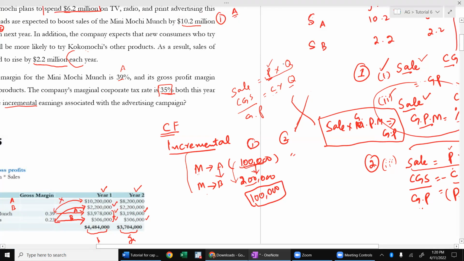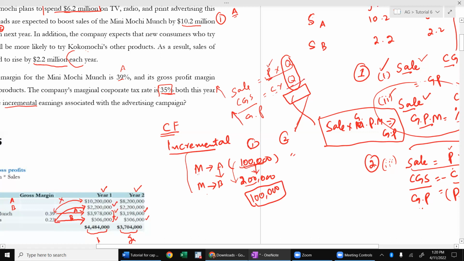One of the students answered that it is quantity, because I can say incremental quantity. Though it will increase the sale, my CGS will also increase, and similarly my GP will increase. But as you can see, this decision is particularly aimed at increasing the quantity, so I can say incremental quantity, right?